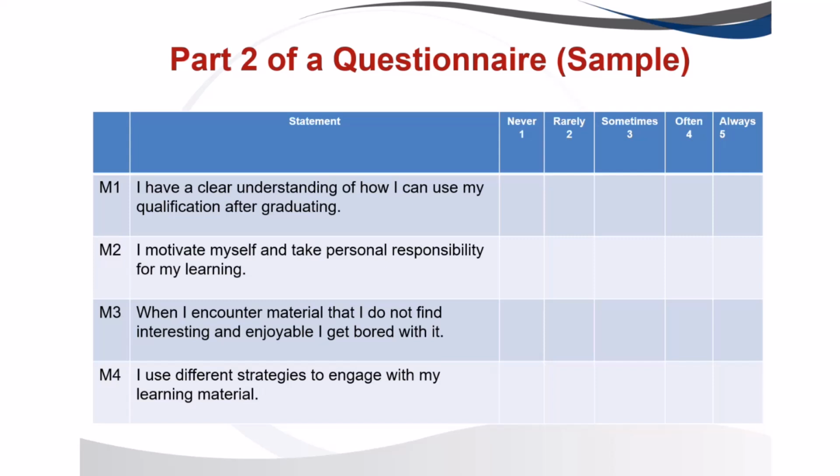But I can align it to a construct of reading, where it says I use different strategies to engage with my learning material. It has to do with reading. So let's say I have another construct there. I have motivation, then I have reading.